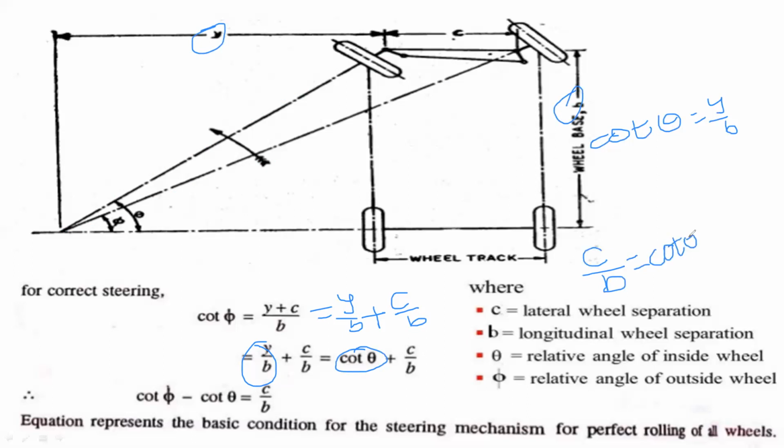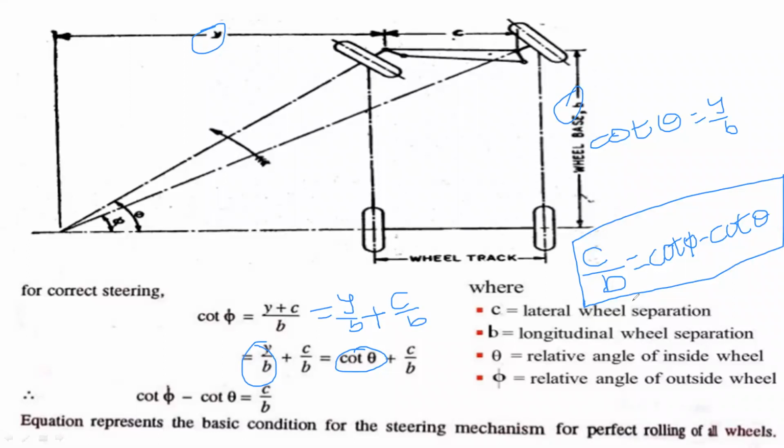cot phi minus cot theta. I will send this cot theta to the left side. So finally what I am getting is c by b is equal to cot phi minus cot theta.